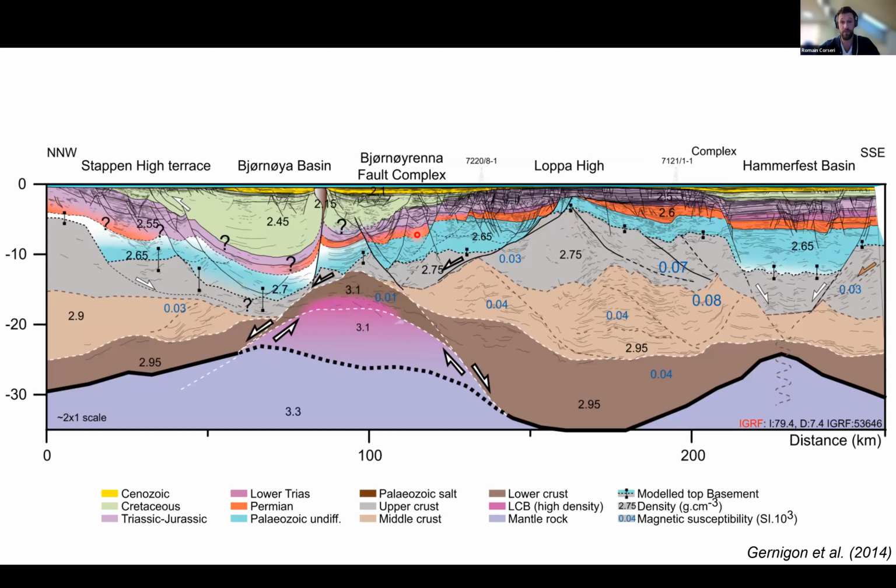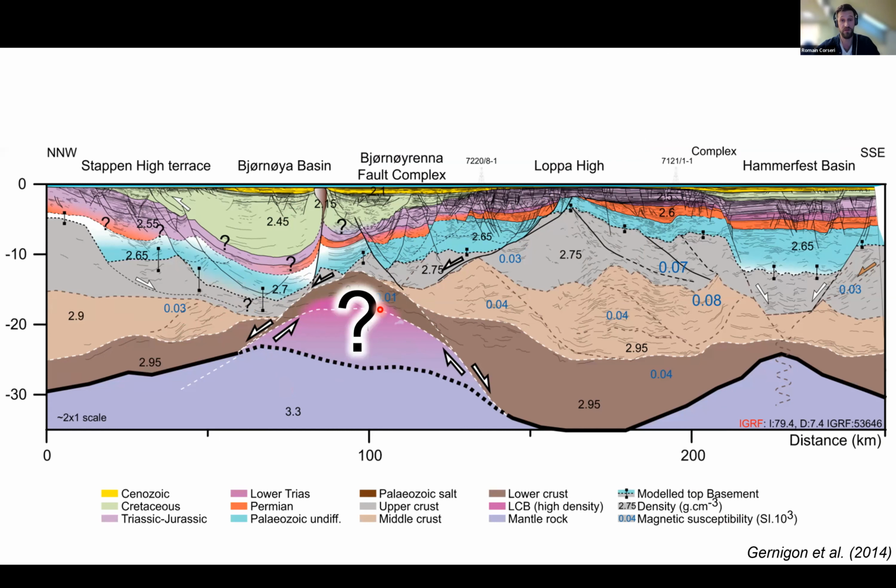Indeed, you can see here a crustal section in the Bjørnøya Basin by Jarnigon and co-workers. This model was derived from gravity and seismic data, and there remains an ambiguity with the interpretation of the deep and lower crustal structure there.